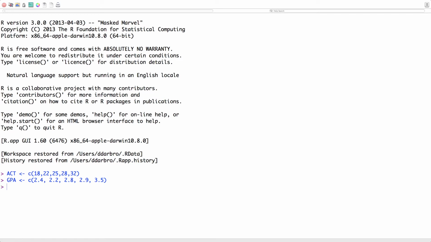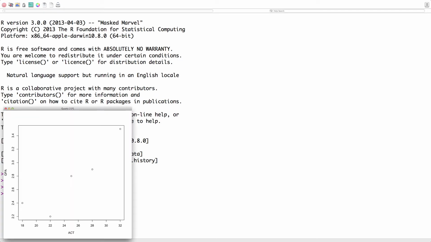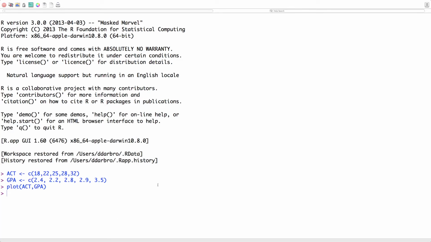Okay, the first thing I'd want to do is examine the relationship. Just look at a picture, so I'd look at a plot. And you can see that we do have a positive tendency there. In terms of being on a straight line, this point's a little concerning, but we're going to go ahead and fit a straight line to our model.